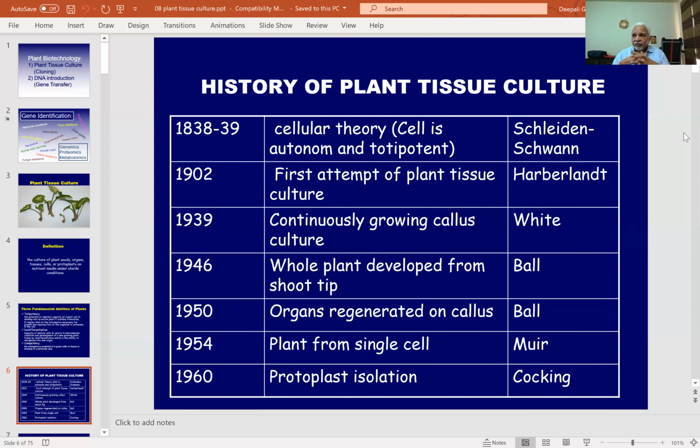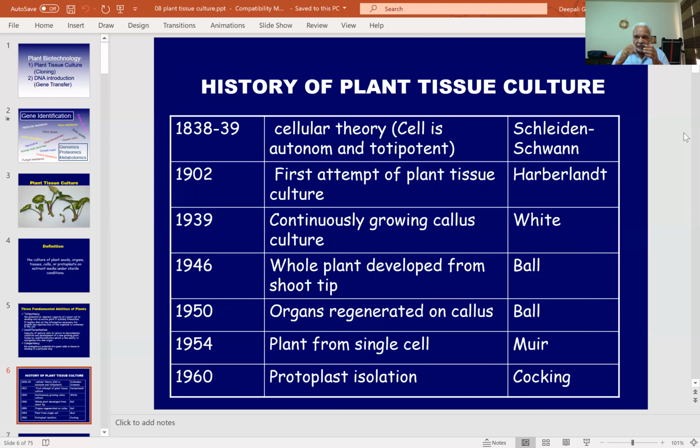And then the first attempt for plant tissue culture was made in 1900 of the last century, and then in around 1939 or 40, continuously growing callus cultures were produced, and then the whole plant was developed in the middle of the last century using shoot tip as the explant.